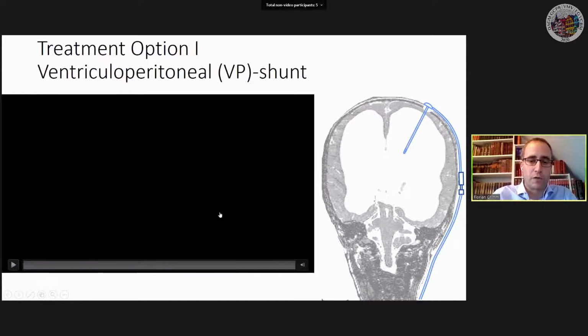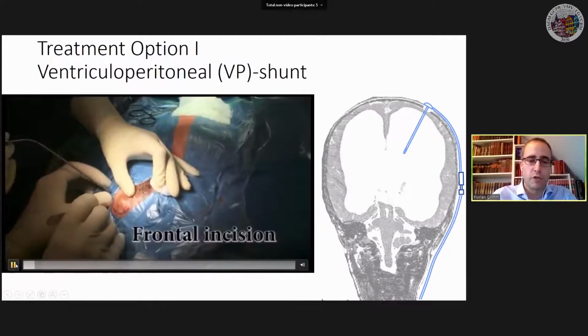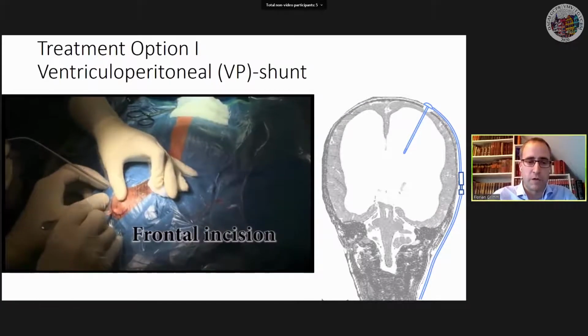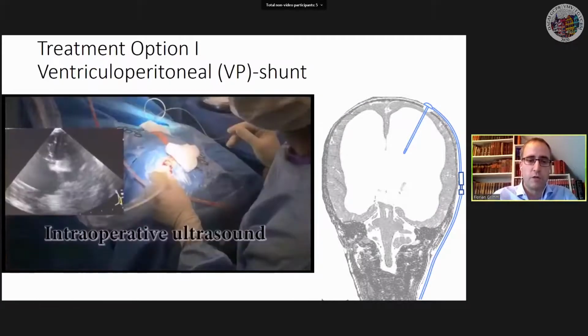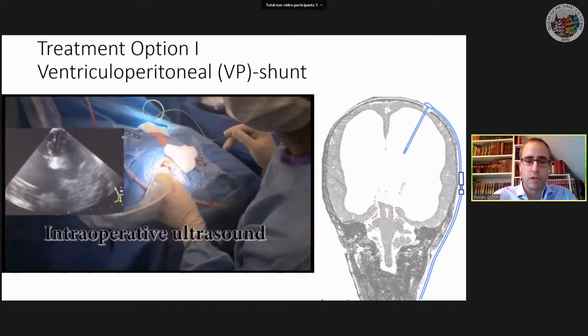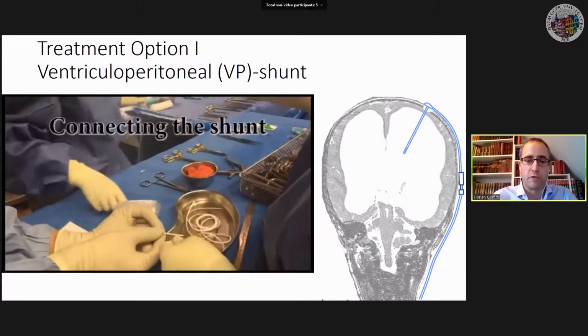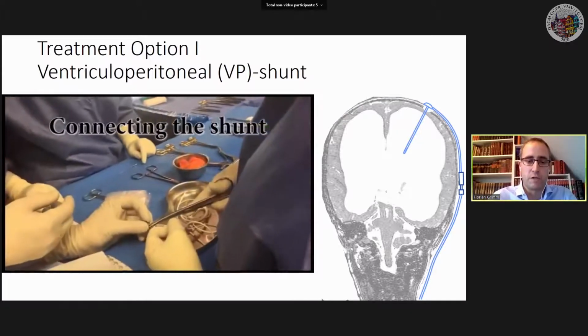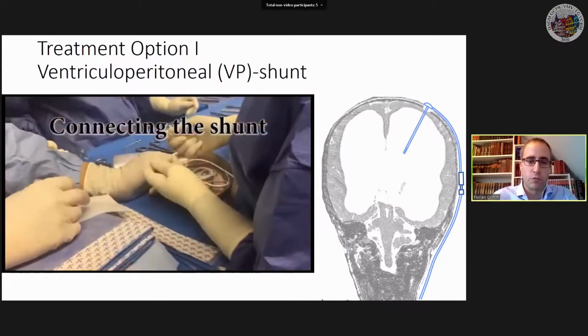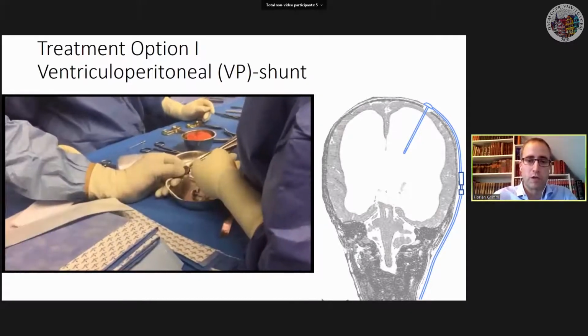I've brought along some impressions of the operation. So this is what we see inside of the operation. First, we do the incisions, and then the ventricles are localized via intraoperative ultrasound. Here we see the system pre-connected outside of the body.